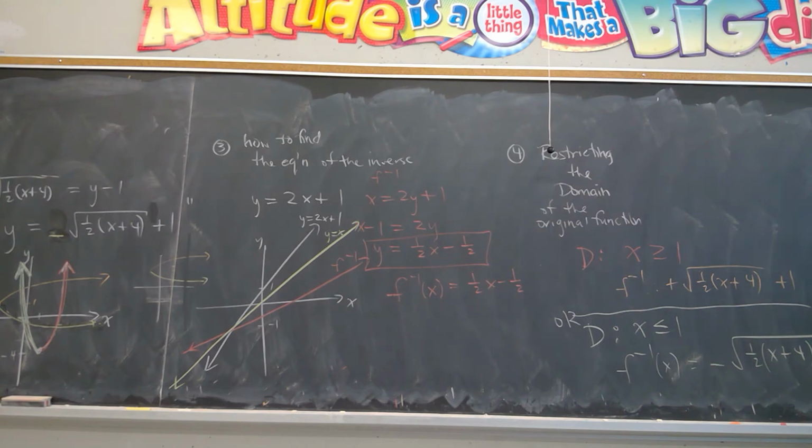It would look like that. And although this part is a function, right about here, it's not a function. Everyone see what I'm trying to do? So we're trying to restrict the domain at the optimal point, or the most likely answer, where it would make its inverse a function.